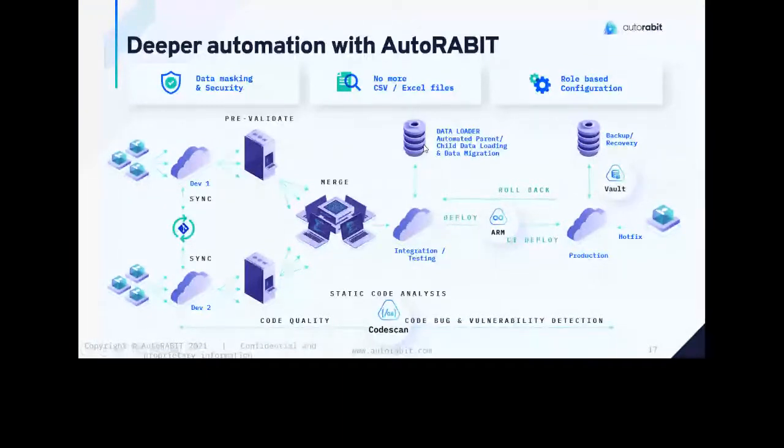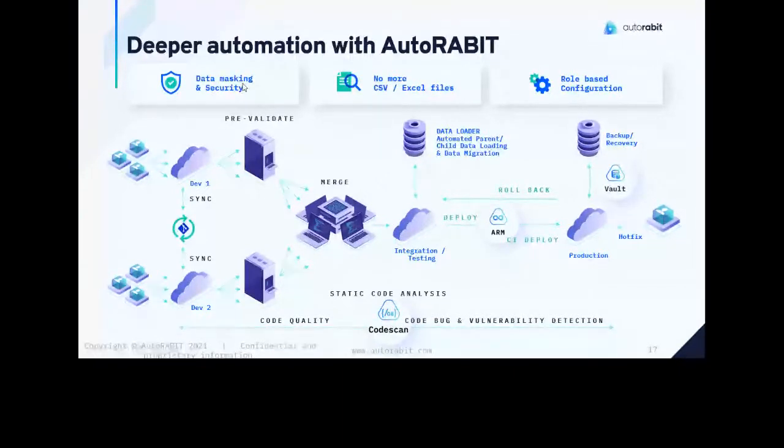And at the same point of time, we have a data loader module also, which takes care of automated multi-parent child data migration or data loading capability from one org to another org. So you don't really have to work on CSV files or Excel files anymore. So no touching of data at all, and that decreases your vulnerability and increases your security for data, right?